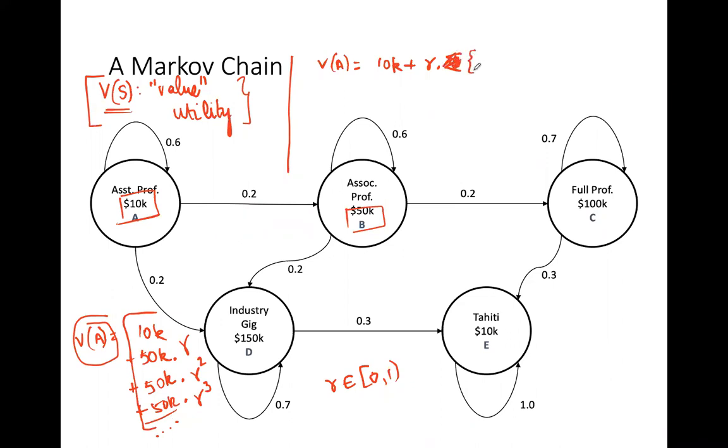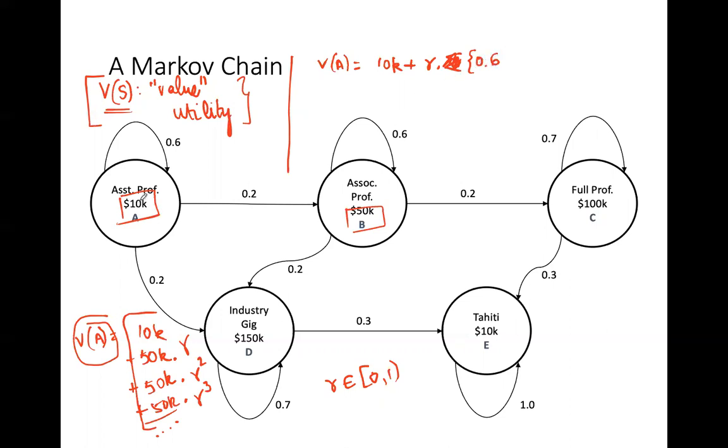So let's think about this. The discounted sum of each of the values of the future states I could find myself in, weighted by their probabilities. So what we're going to end up with is a recursive equation here. V of A: what is the value of this state? There's some immediate reward, and then there's a 60% chance I find myself back here again tomorrow, which means I should weigh that outcome by the probability 0.6.